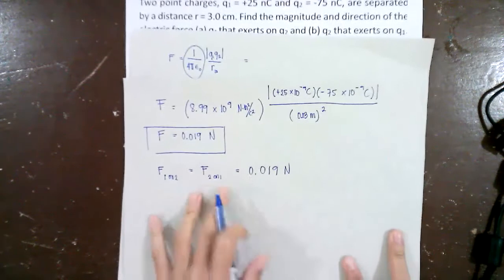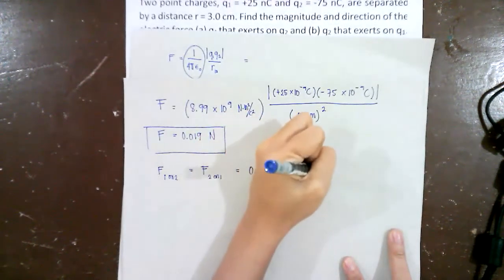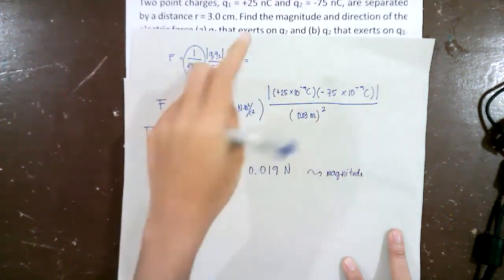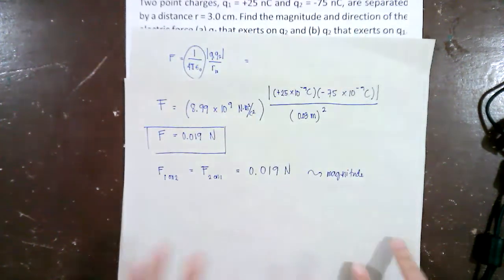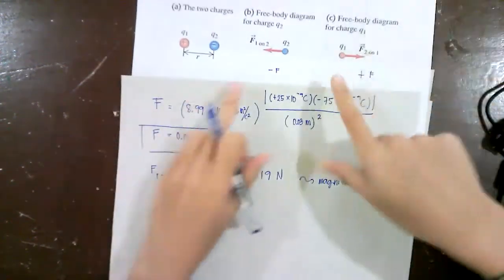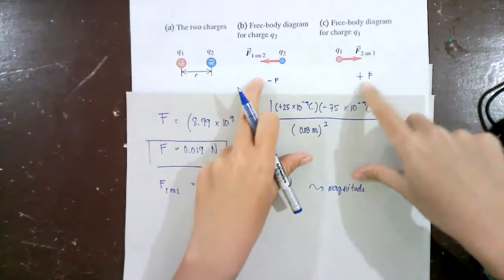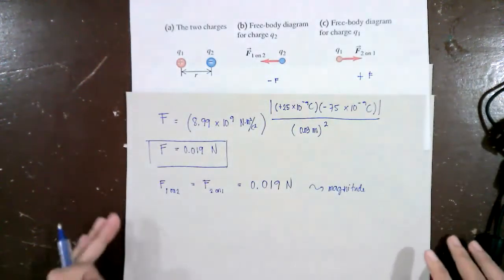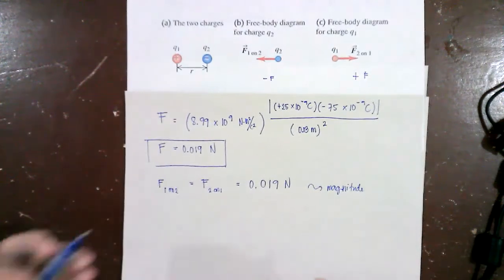Now this is only your magnitude. Now you're asked in the problem the direction. Okay? So earlier, I have here the direction in our free body diagram. So this is very important in determining the direction of our forces.